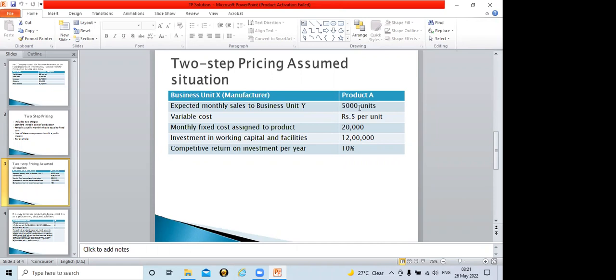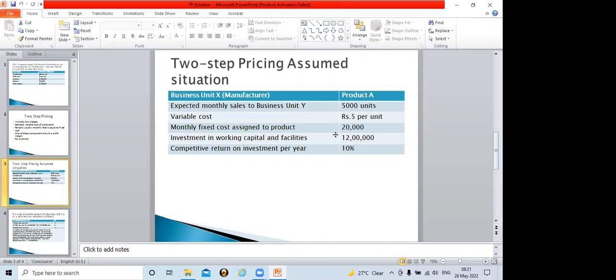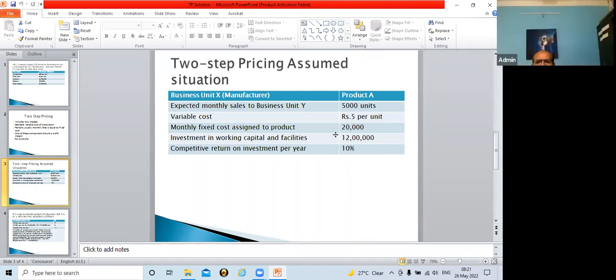So if I ask you to calculate per unit fixed cost, how will you calculate? The fixed cost of 20,000 divided by 5,000. Correct. 20,000 divided by 5,000, so that we will get fixed cost per unit. So that you understood.